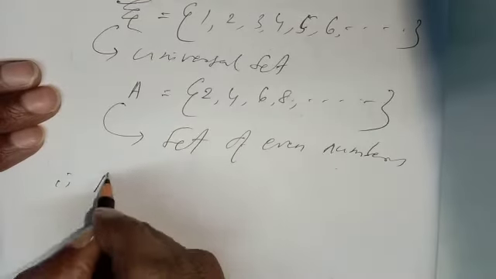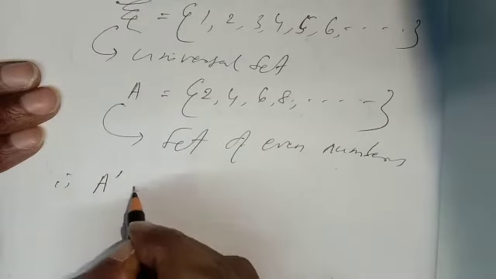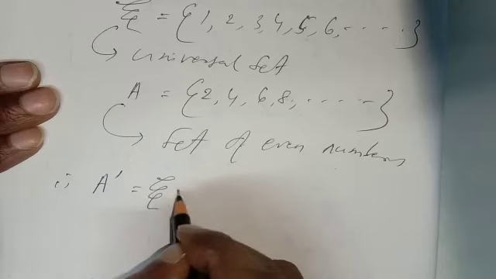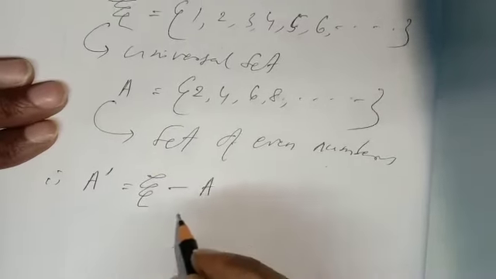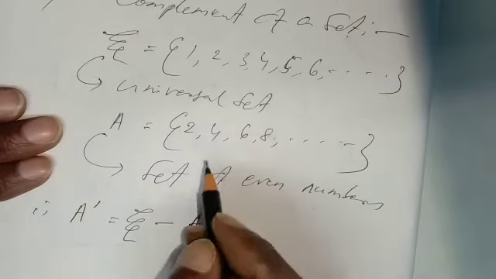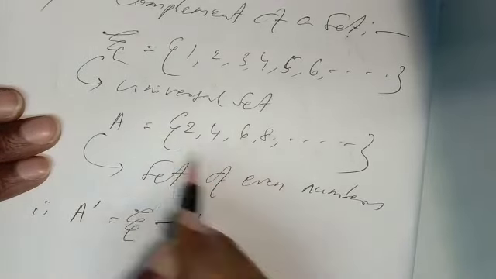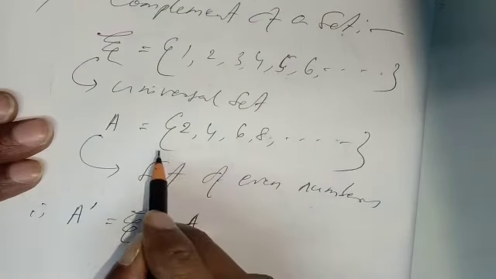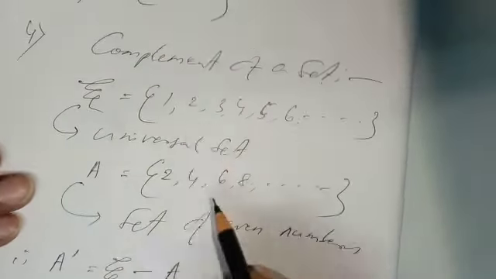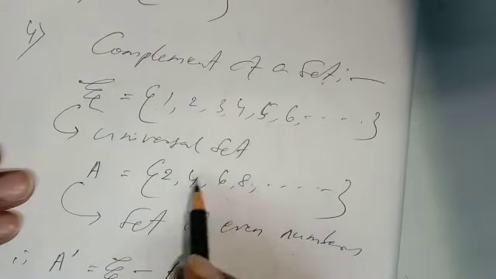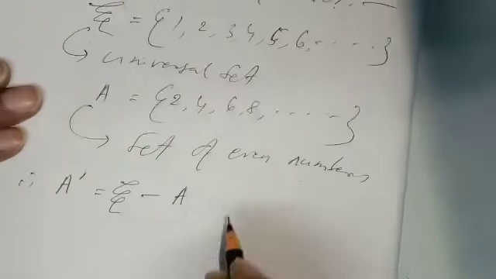Therefore, A complement means A dash. A complement will be universal set minus set A. Now from the universal set, you have to deduct all the elements that are present in A. If I deduct all the even numbers from the universal set, what will be left?